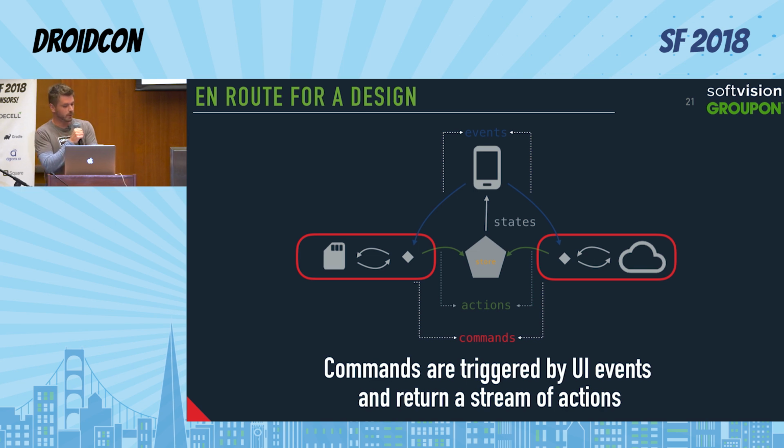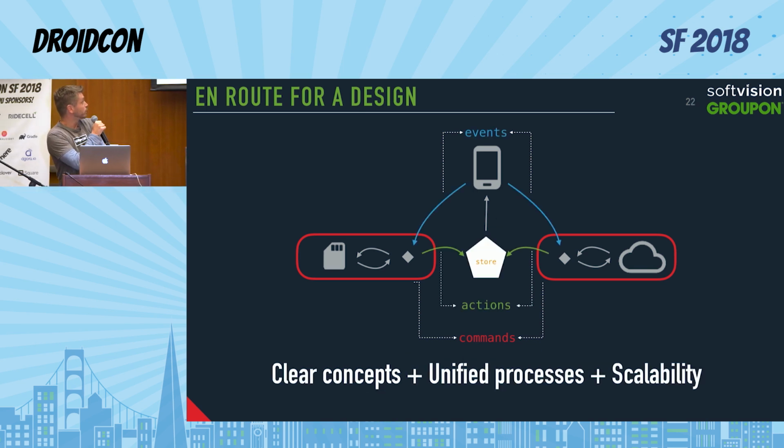So now if you look at the picture we got on screen, we got very clear concepts. We got the store, we got the state, we got actions that are state changes, and commands that produce a stream of actions. And also we got the UI events. We also got unified processes, because we can represent any kind of operation by the red squares as commands.